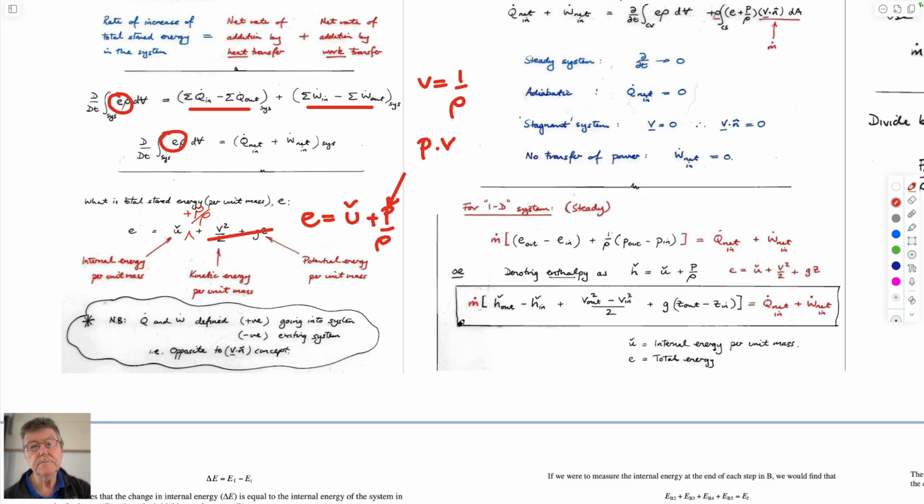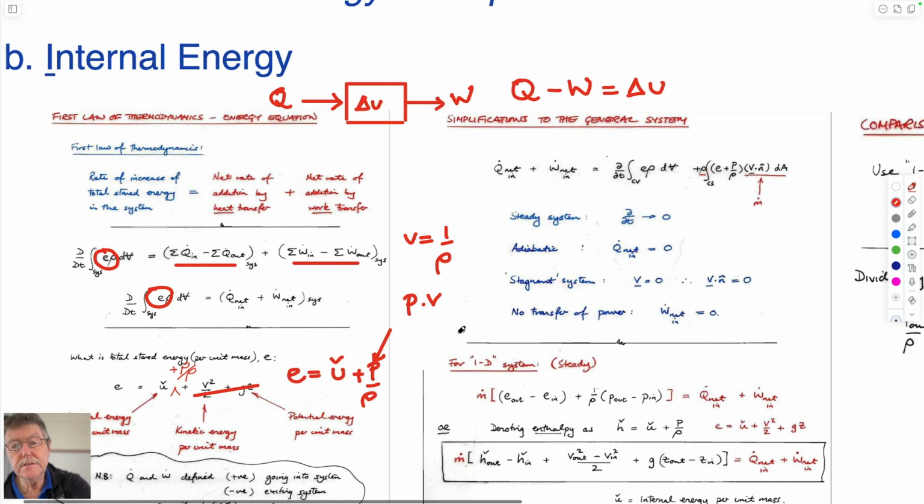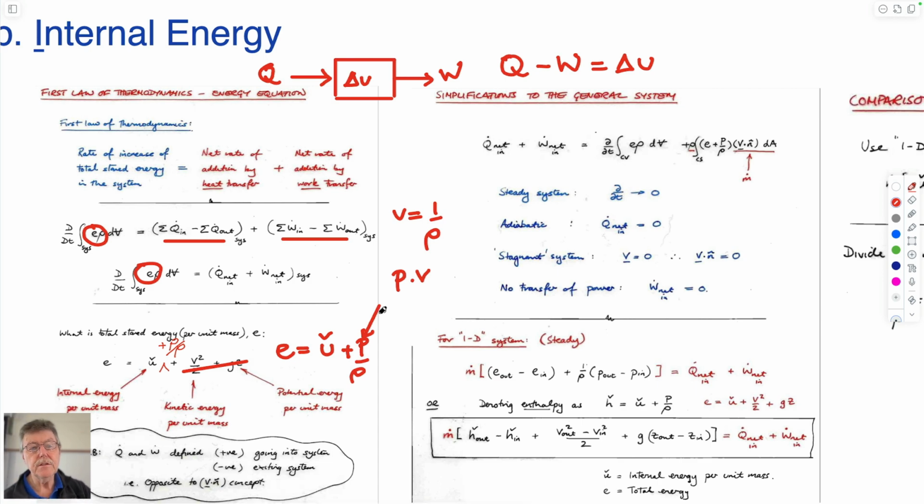So we can define this. And we tended to use a very specific sign convention in that the sign convention for both heat rates and for work rates was defined positive if it was energy put into the system. So this, in our case, would be heat in. This is work out equals internal energy.